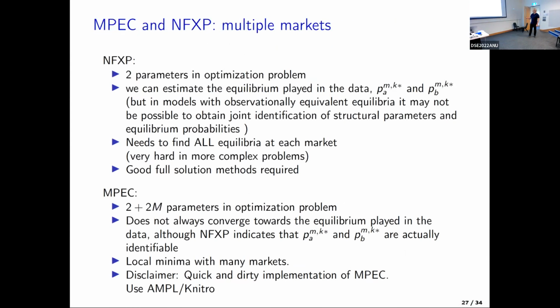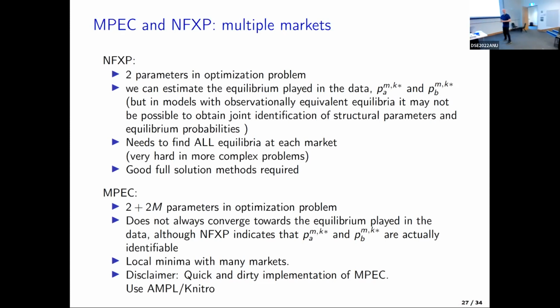If we compare these cases with multiple markets, for NFXP there were two parameters in the optimization problem. Here you have 2 plus 2 times the number of markets, because the investment probabilities are multiplying. There's going to be one for each of the different markets. So the number of variables in the constrained optimization problem is going to increase.